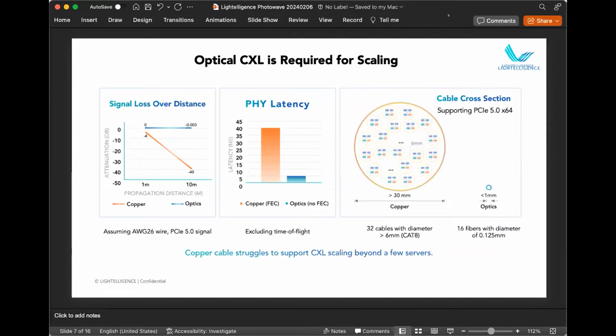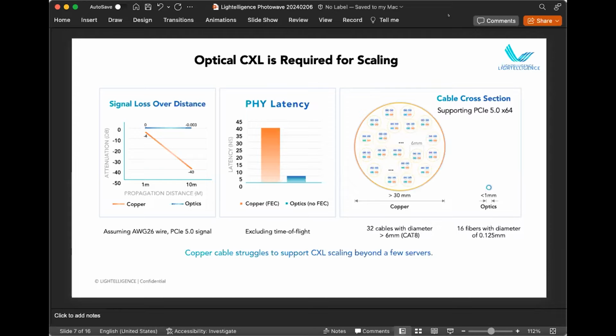So why optical CXL? The signal loss in copper is extremely high, as you can see on the left chart. As you span distance, the copper loss is extremely high. You can only maybe drive a Gen 5 cable maybe 2 meters.